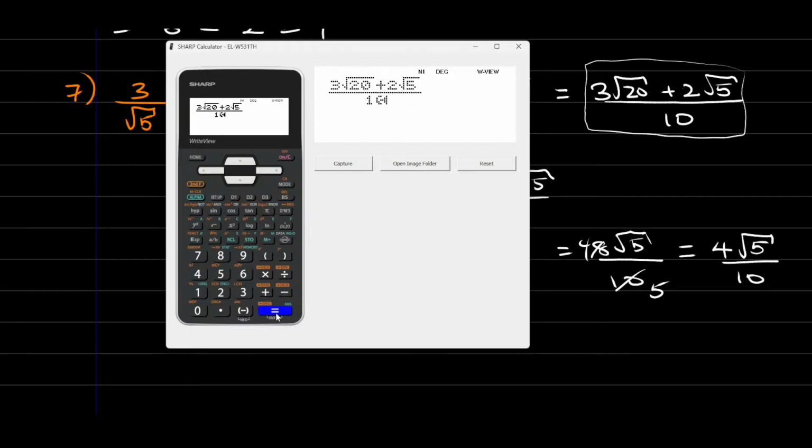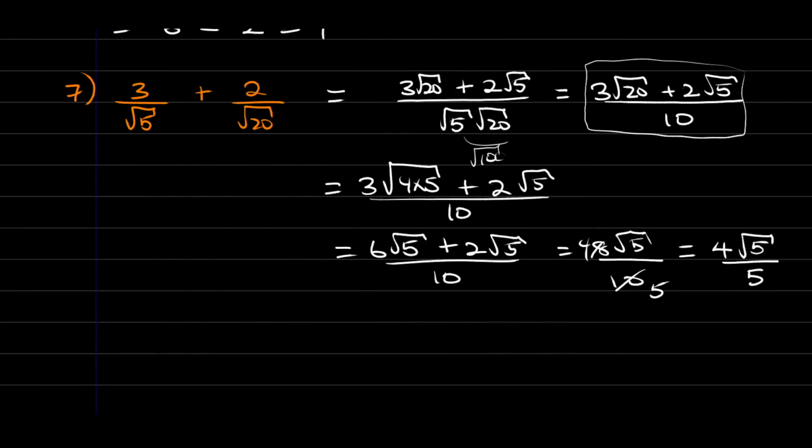And if I press equal, I'm supposed to get 4 root 5 over 5. Oopsie, yeah, this is 5 here. But notice your calculator can actually do this calculation and check your answer for you. So it's always good to try and see if you can get a calculator that can work out surds. If you can, you have no errors when you're doing surds in future work. All right?